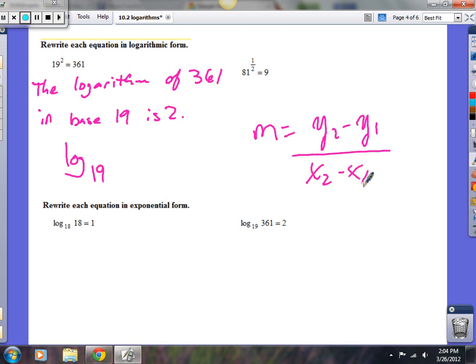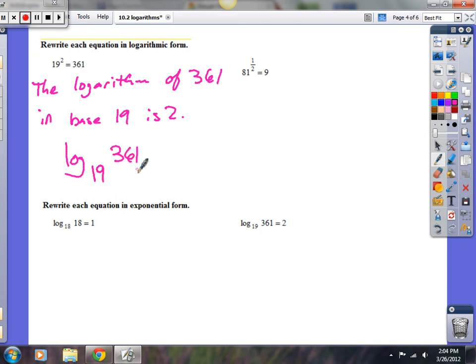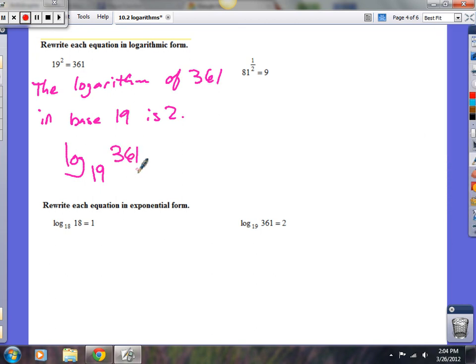Those are subscripts. That's what this is also. So log base 19, you've got the logarithm of 361, that goes right there. So the log of 361 in base 19 equals 2.